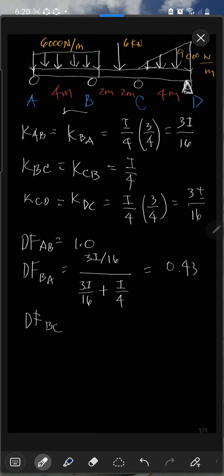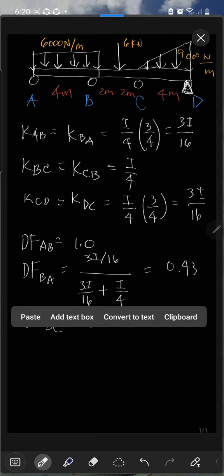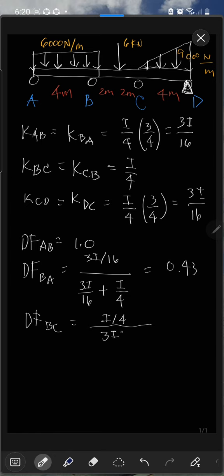BC, the K of BC is I over 4 divided by the summation of K, 3I over 16 plus I over 4. So that is 0.57.